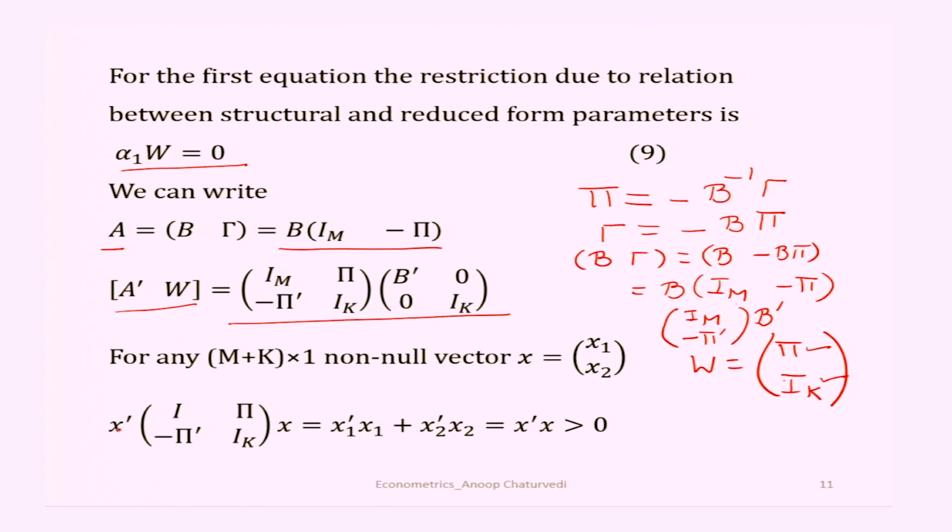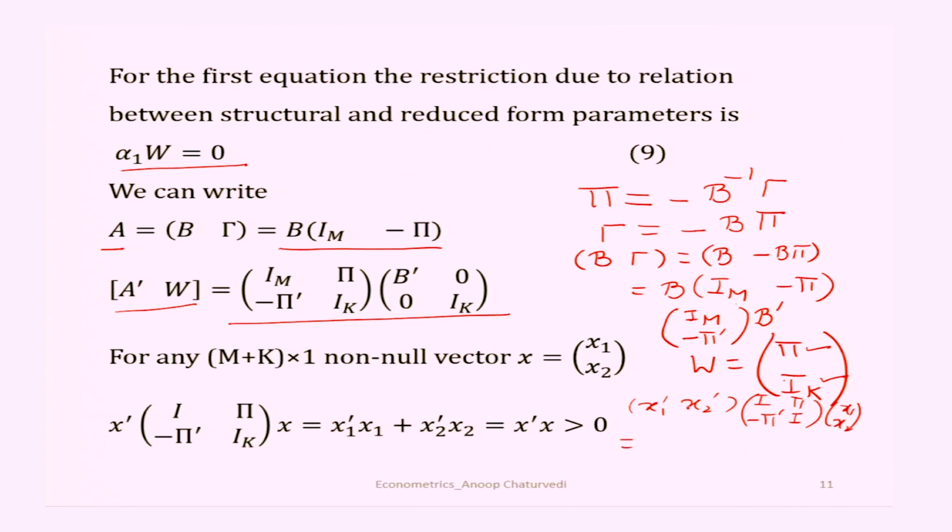We have x transpose I pi minus pi transpose I k, means we take this matrix here x, this is equal to x transpose equal to x 1 transpose x 2 transpose. So, you can easily verify that you get x 1 transpose x 2 transpose, in between we have I pi minus pi transpose I, and then we have x 1 x 2, and then we multiply it.